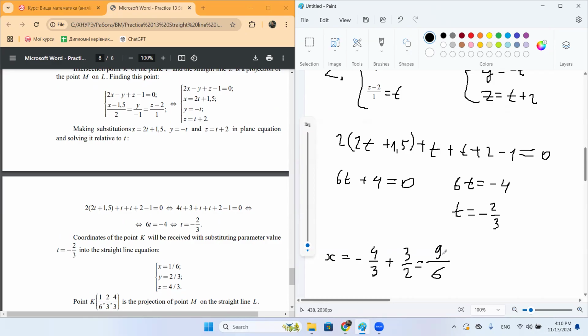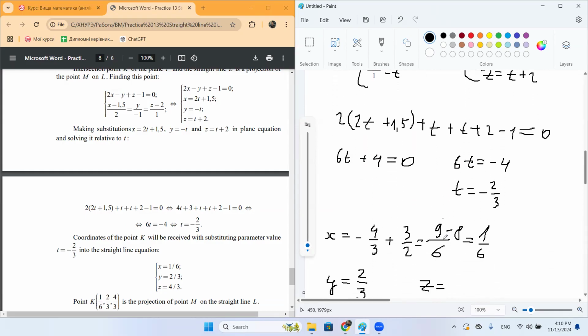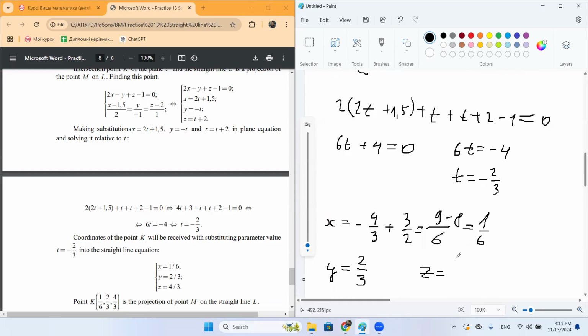So 9 minus 8, so x equals 1/6. Then y equals 2 thirds. And z equals 6 thirds minus 2 thirds, so it equals 4 by 3.